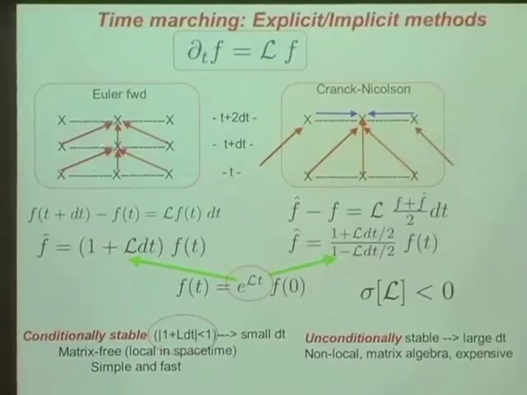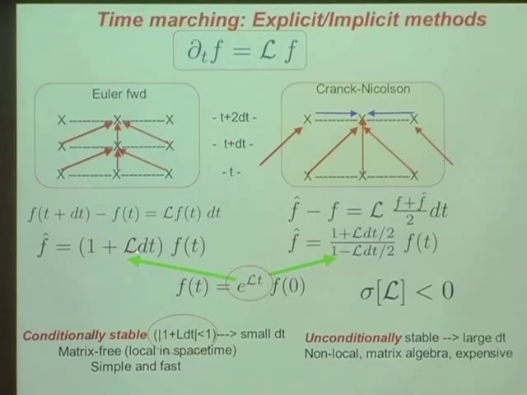In order to know the value of my function at this time t plus delta t and this space location, if, for instance, L is just a space derivative or a diffusion operator, all I need to know are the values at time t of the three neighbors. So basically, I have a space-time pattern, where I take information from here, from there, and from there, and I can construct the solution at the time t plus delta t.